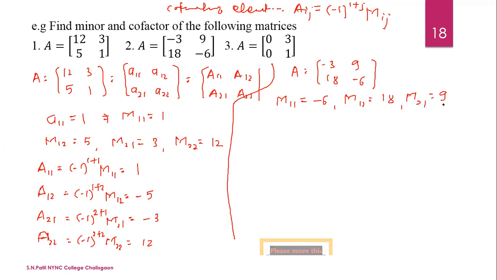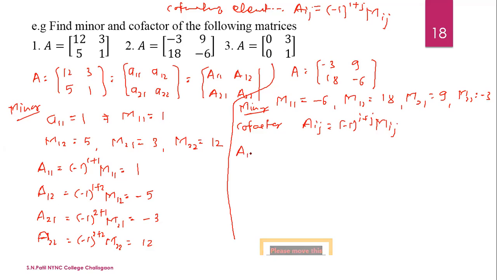M21 is 9, and M22 is equal to minus 3, that is deleting row and column. Now these are the minors. Now cofactor Aij is equal to minus 1 raised to i plus j, Mij.